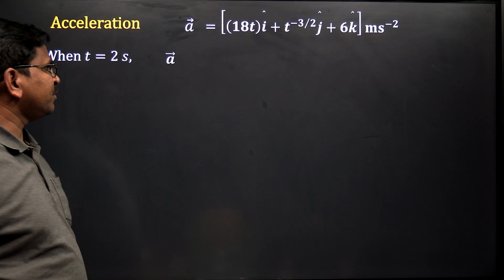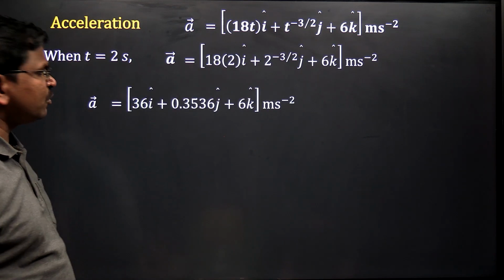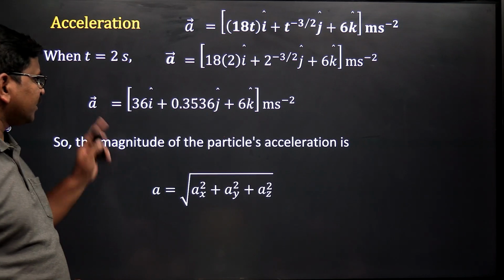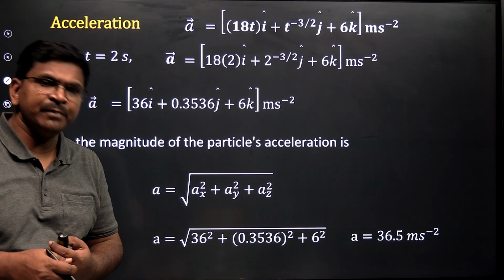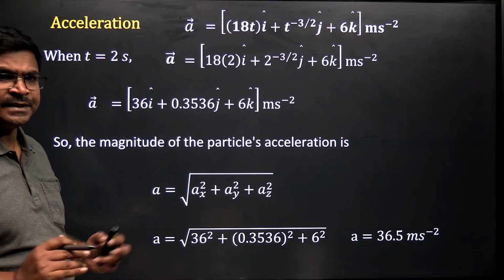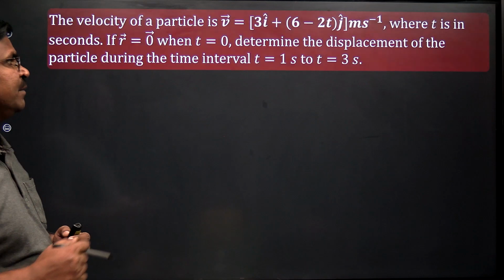So the magnitude is the square root of 36 square plus (2 power minus 3 by 2) square plus 6 square, and we finally get a approximately 36.5 meter per second square. This is the basic approach to problem solving in motion in a plane.